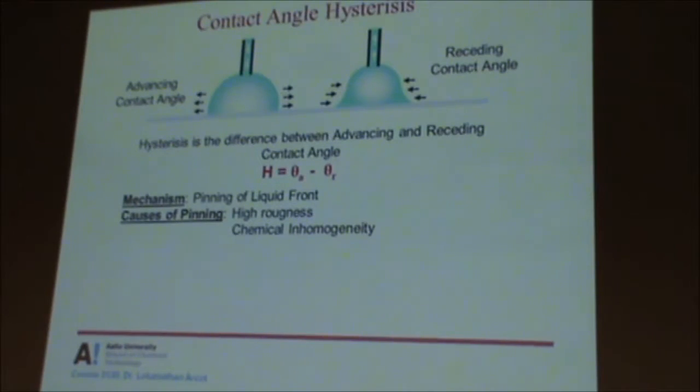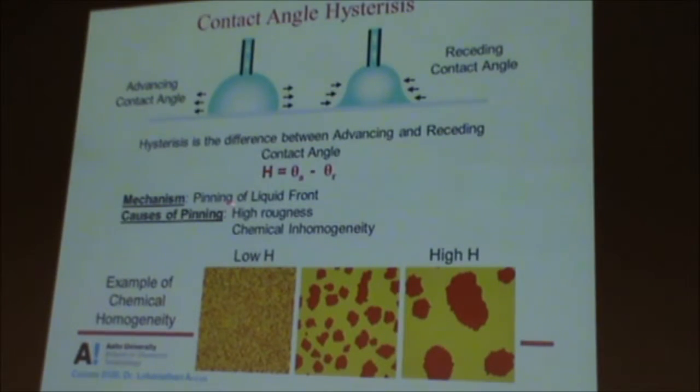Now we'll talk about the property where you have pinning happening. Okay, now if there is this pinning process happening, that means there are two things that can be the cause of that. One is you have a surface that has high roughness, as I drew here. The other is chemical inhomogeneity.